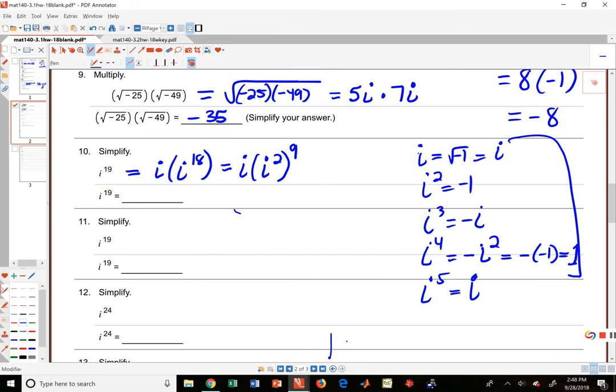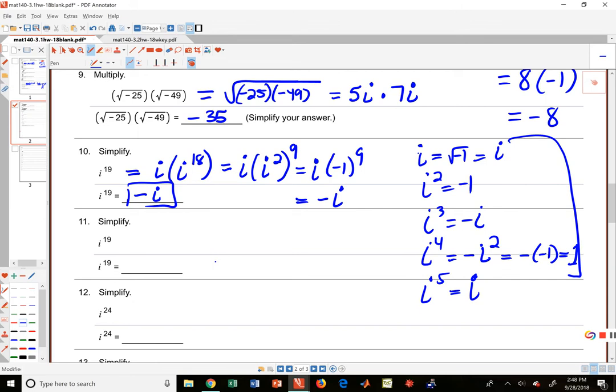Anyway, this is one strategy, is just write it as something we know. Now we know i squared is negative 1, so this is negative 1 to the 9th. Negative 1 to the 9th is negative 1, so this is negative i. So that's one strategy. There's other strategies on kind of sorting this out, but this is negative i.